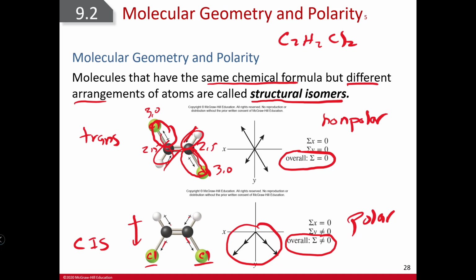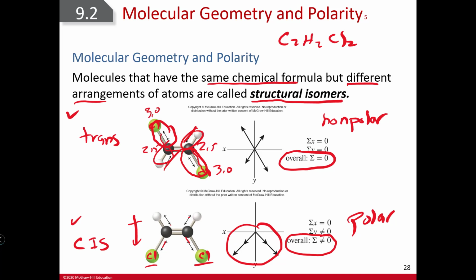What's neat about this is you can dissolve substances in these compounds. If it's polar, it's going to dissolve in this substance. If it's nonpolar, it will dissolve in this substance. So you can actually separate polar and nonpolar substances. The polar will dissolve in the trans, and the nonpolar substance will dissolve in the cis.